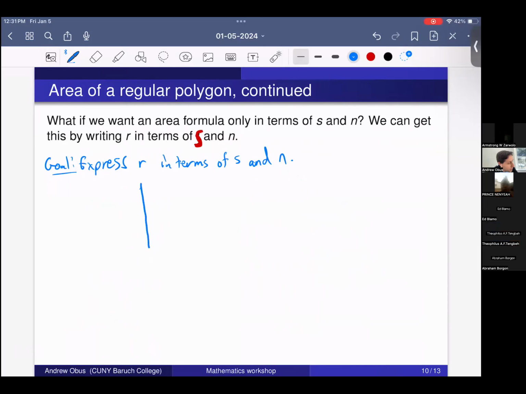If I look at this same right triangle that we had before, this was r, this was s over 2, and this angle here we're going to call theta. But remember that 2n triangles make the polygon.